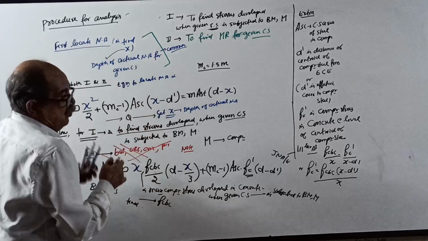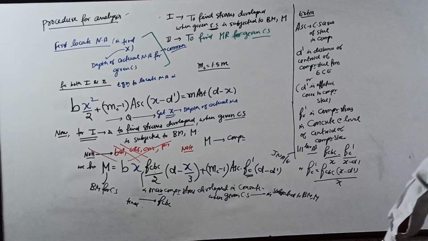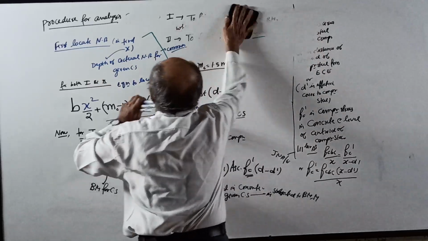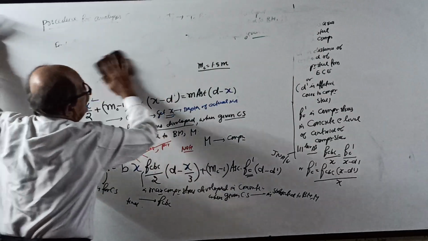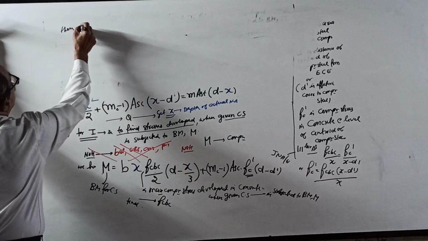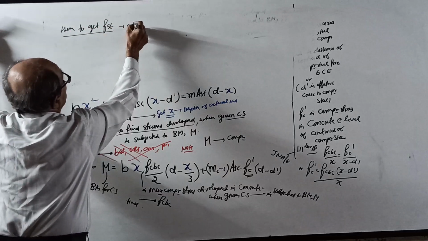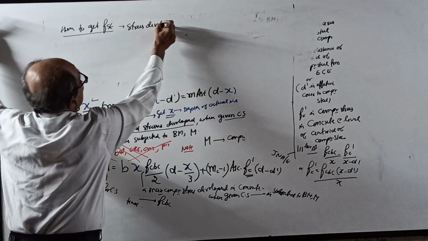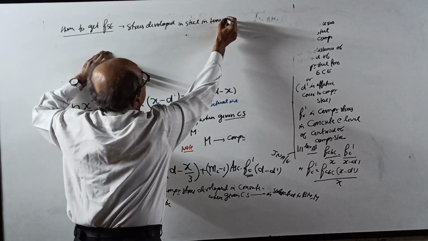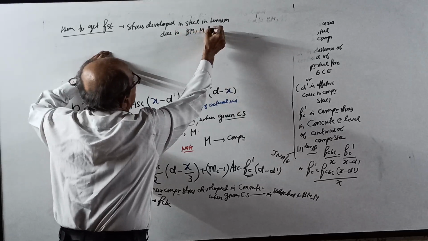Once you find FCBC using this equation, then to get FST, the stress developed in steel in tension due to bending moment M for the cross section.